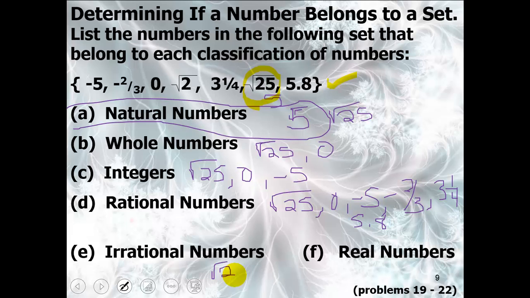And then the real numbers are all of them: negative 5, negative 2/3, 0, square root of 2, 3 1/4, square root of 25, and 5.8.